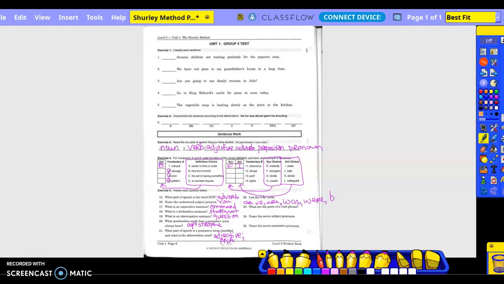Be, being, been. So the jingles will help you guys figure these out, right? What are the parts of a verb phrase? So what did we use up here today, or not today, but yesterday in our classification? Helping verb and the main verb, right?